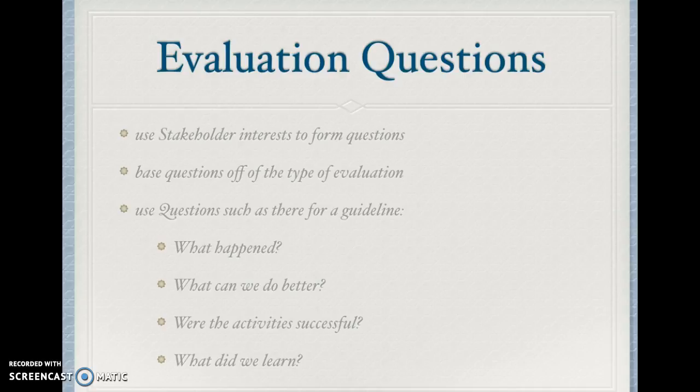Evaluation questions are very important because they will determine what information the evaluators need to go through in order to figure out if a program has been successful or not. After all, the evaluation could potentially be the thing that keeps the program running.